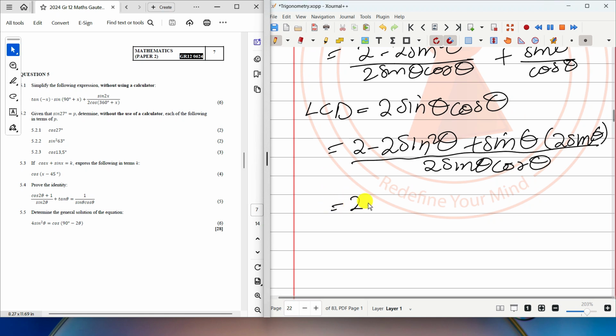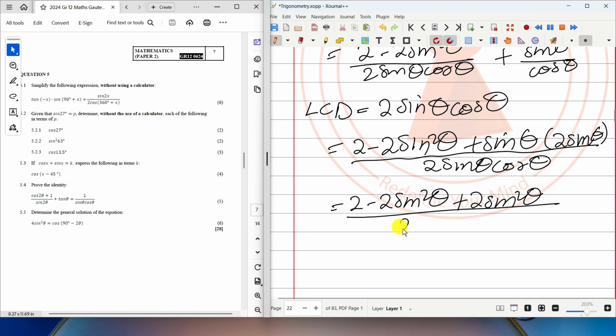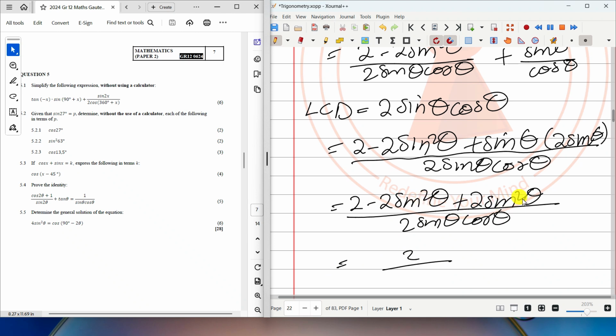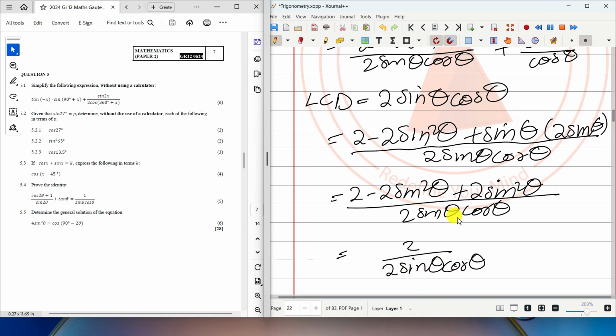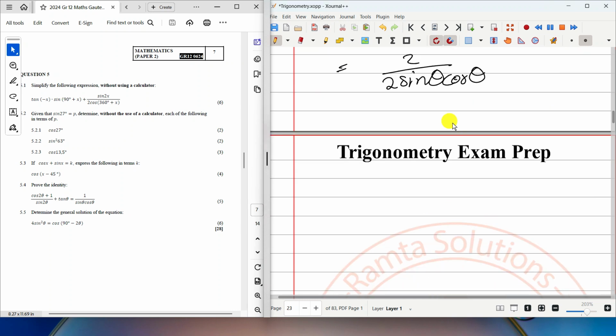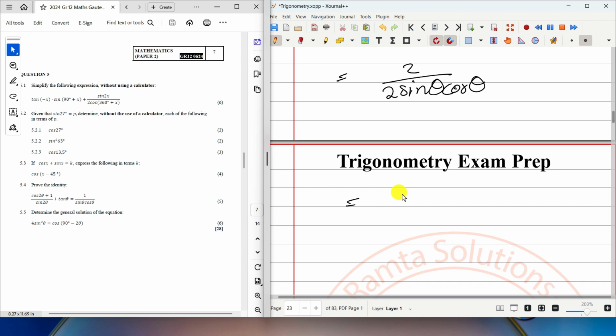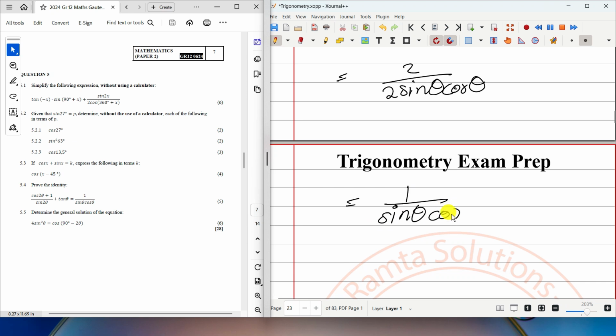So now we have 2 minus 2 sine square theta plus 2 sine square theta all over 2 sine theta cos theta. Minus 2 sine square theta plus 2 sine square theta is 0, so we are left with 2 over 2 sine theta cos theta. The 2's will cancel. We will be left with 1 over sine theta cos theta.